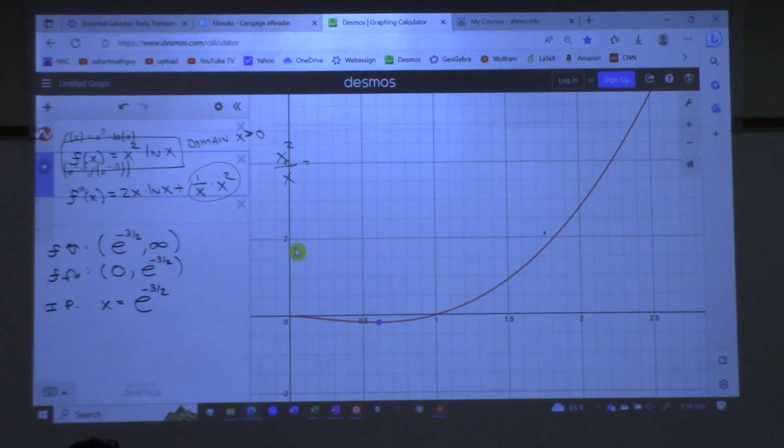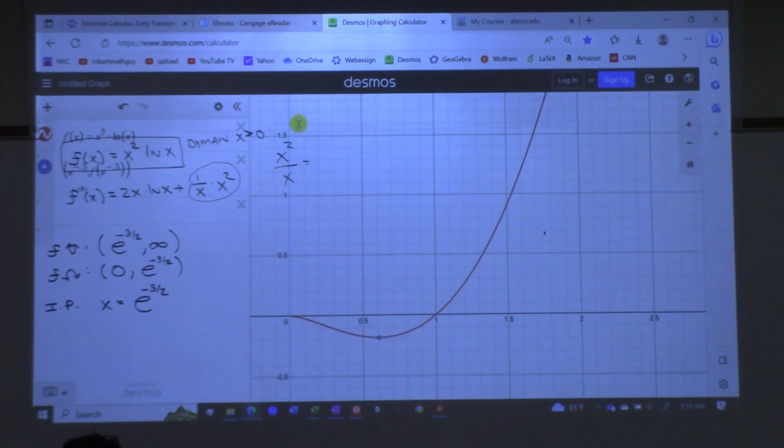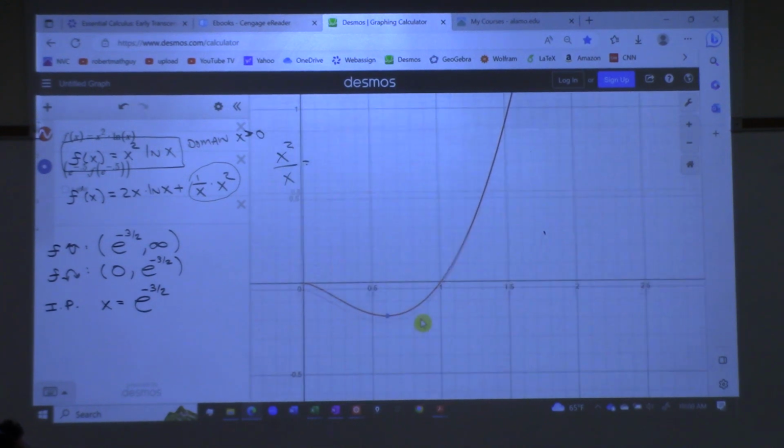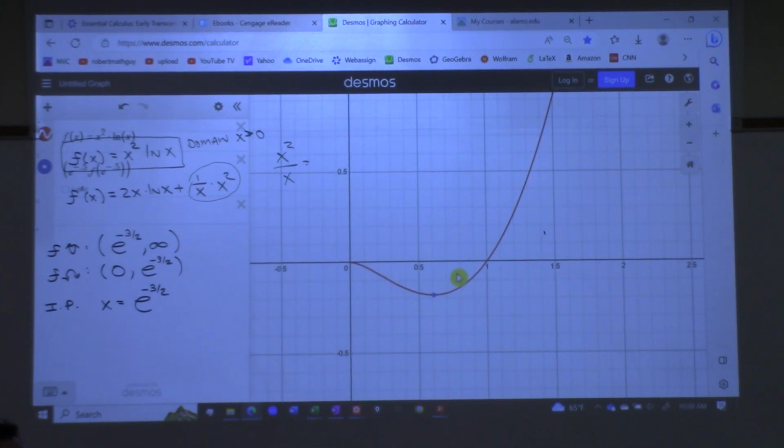All right, I'm going to exaggerate this so you can see it a little bit better. There we go. Do y'all see we have that? That's a local minimum, right? It's happening right there. And then it's decreasing to the left of that and increasing to the right.